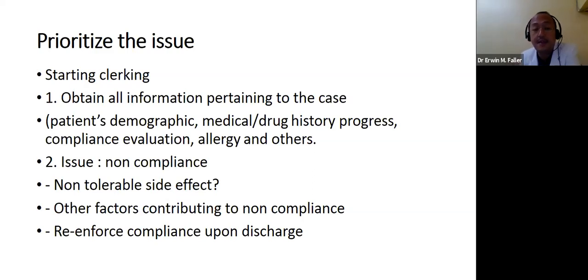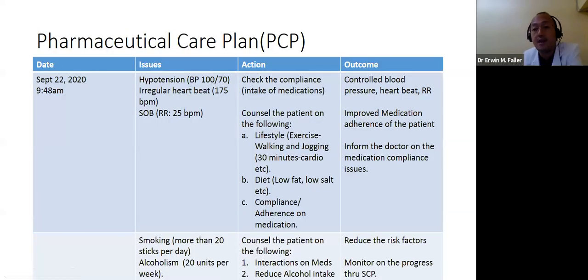Now, we all know that we'll be able to develop the pharmaceutical care plan after you have done the initial assessment and prioritization. Then this is the time for you to develop the PCP.